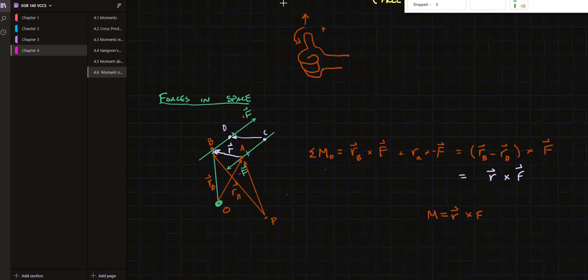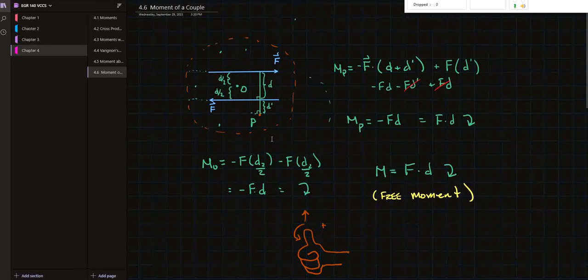I'm still going to end up with the same moment, because this is a free floating moment, analogous to what happened up here.